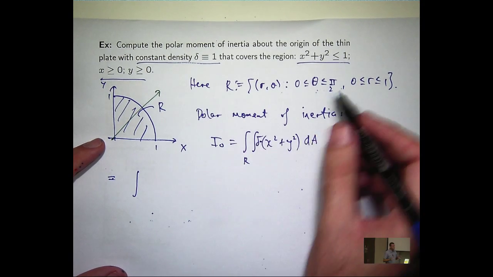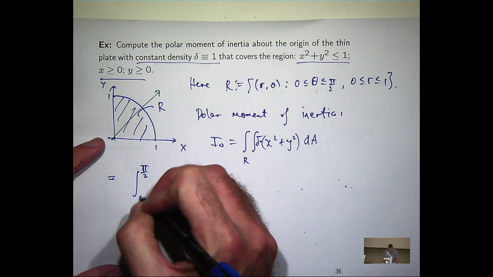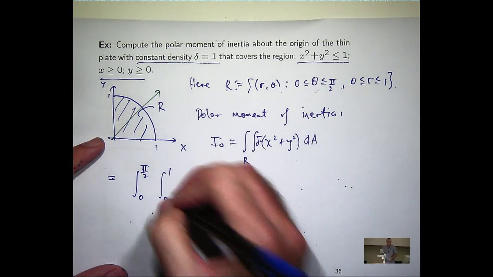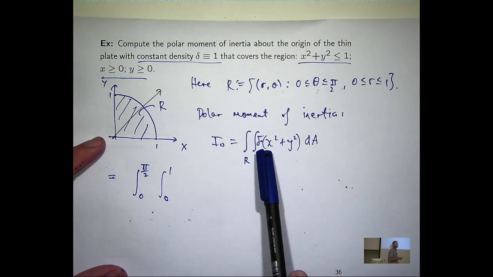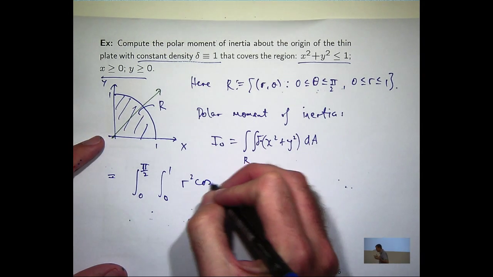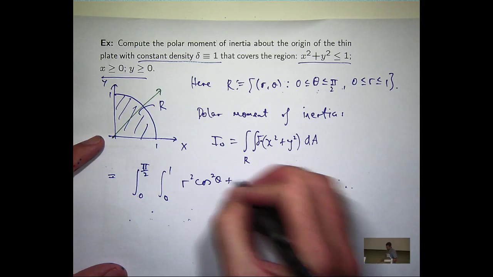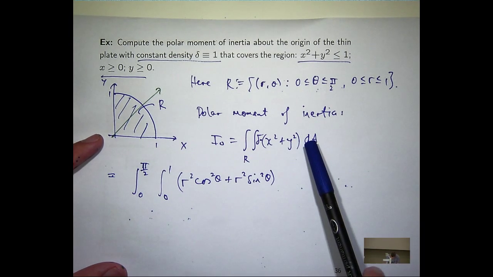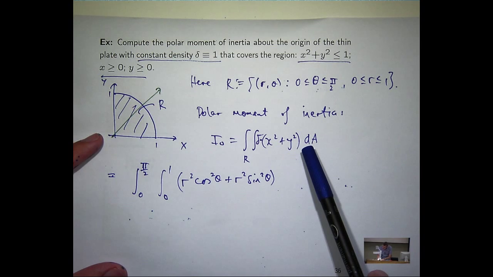Theta's between 0 and pi on 2. R's between 0 and 1. Now, replace x with r cosine theta, y with r sine theta, and replace dA with r dr d theta.